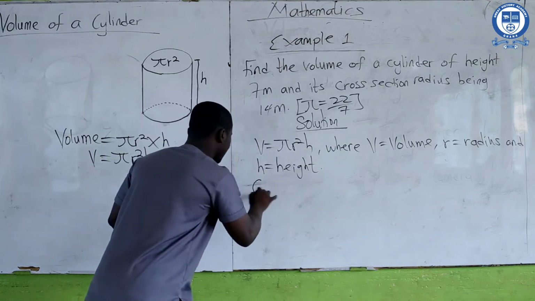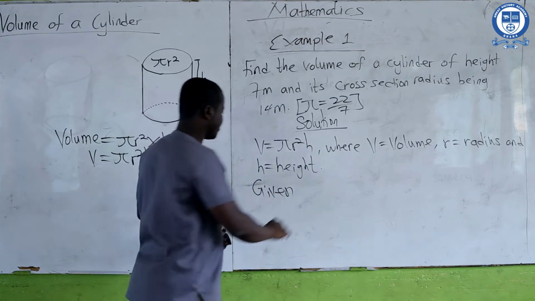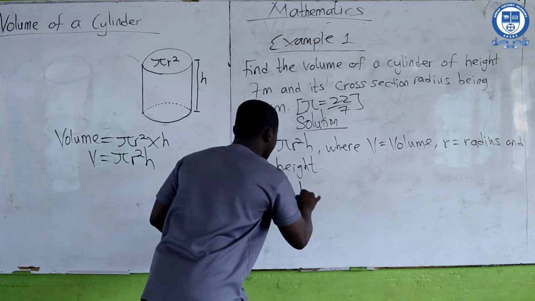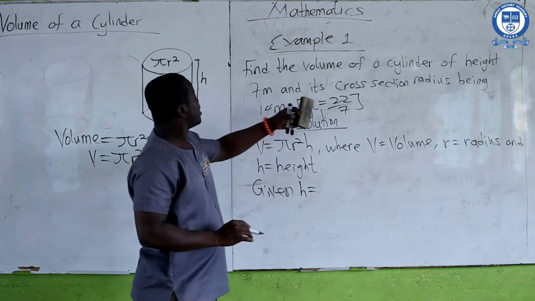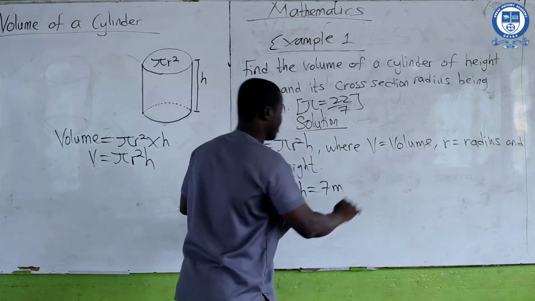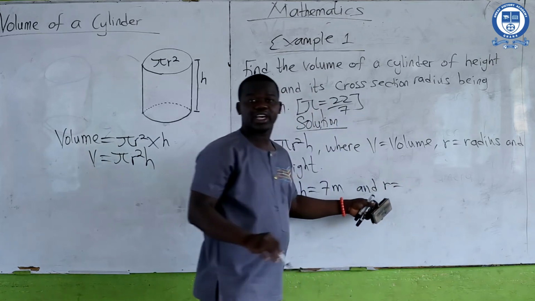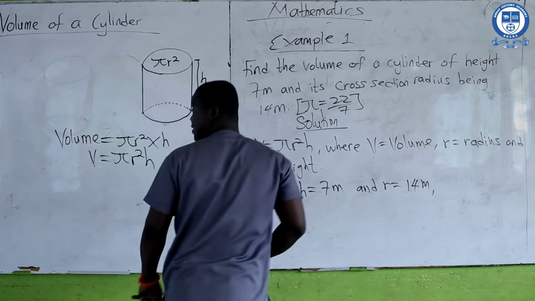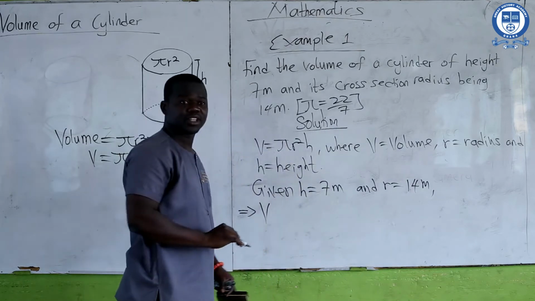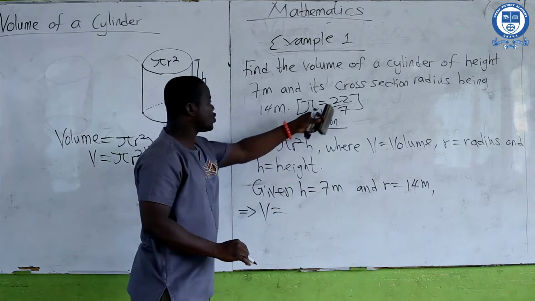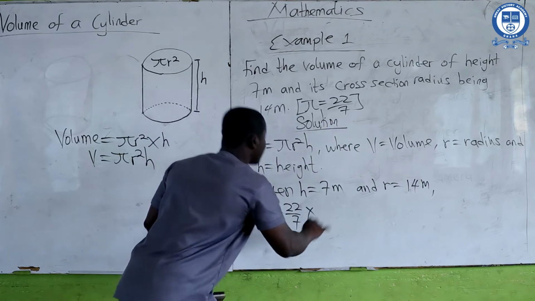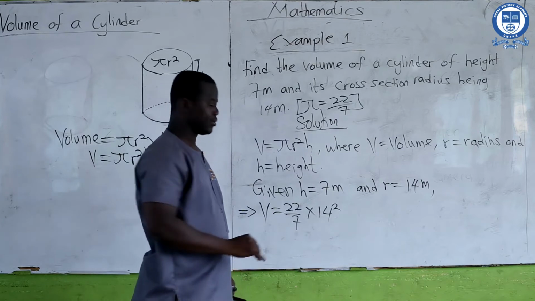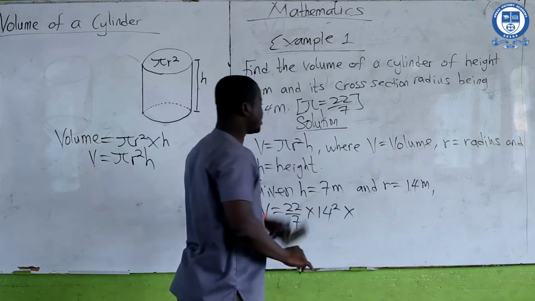So we say that given H to be 7 meters and R to be 14 meters, it implies that our volume V is going to be equal to pi, which is 22/7, times R squared, which is 14 squared, times our height, which is 7.